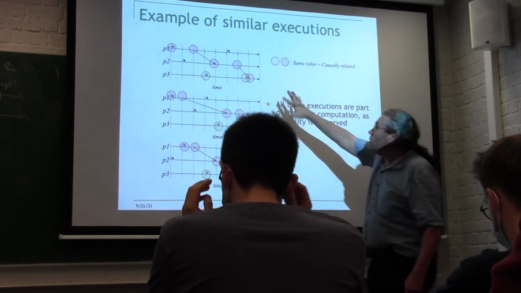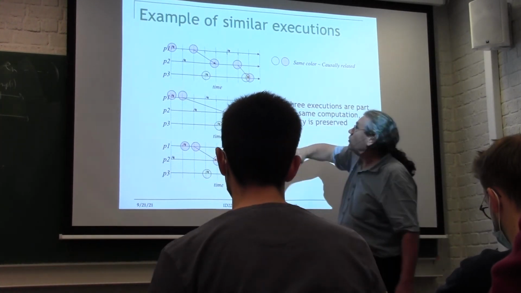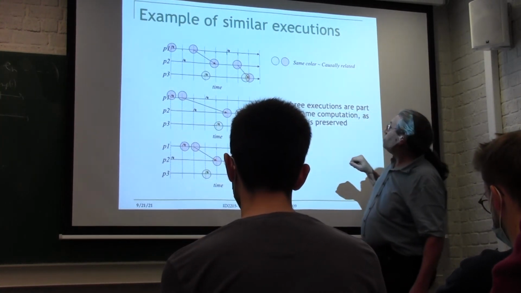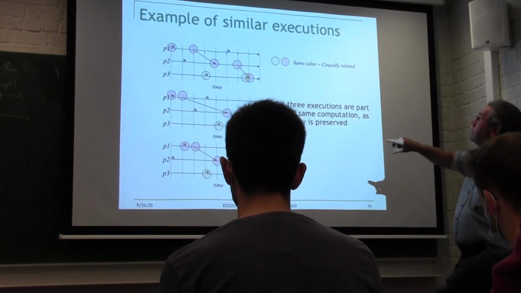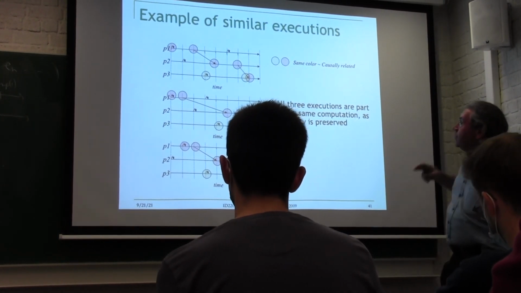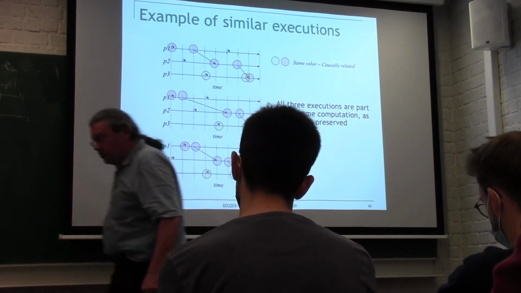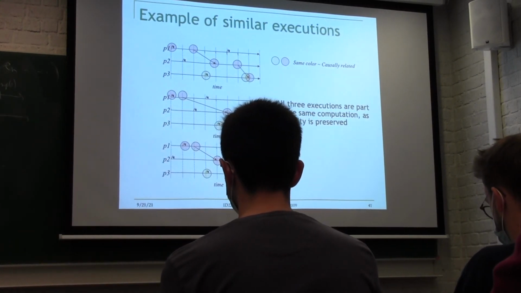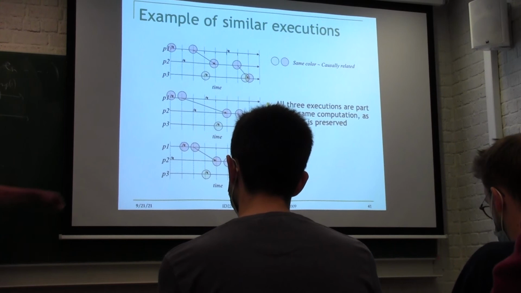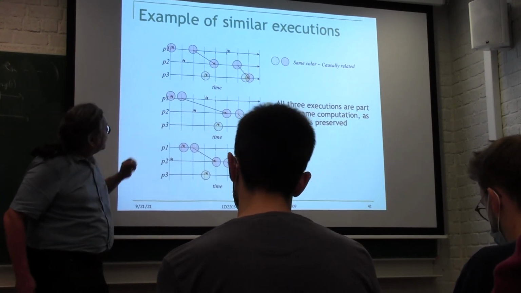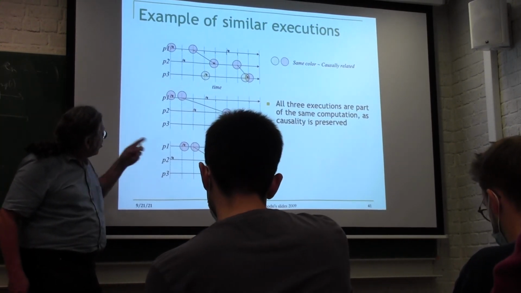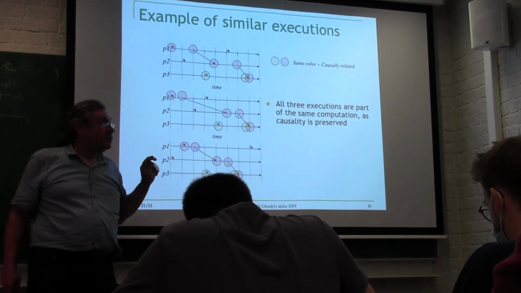Now, there are some causal connections here. It turns out that they're doing the same work, of course, because each node is doing the same thing. But you can see how they differ.